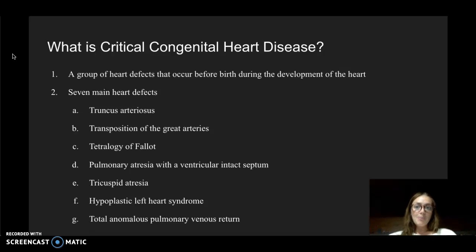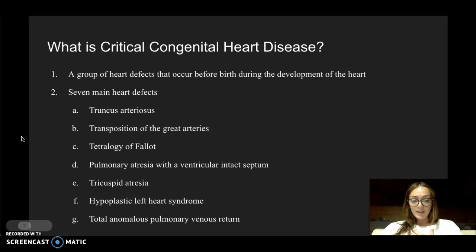Now, what makes this more critical than typical congenital heart diseases is that it impacts the infant's survival rate after birth by affecting the blood oxygen levels. A lot of these heart defects really affect the amount of oxygenated blood that is pumped throughout the system compared to the deoxygenated blood.